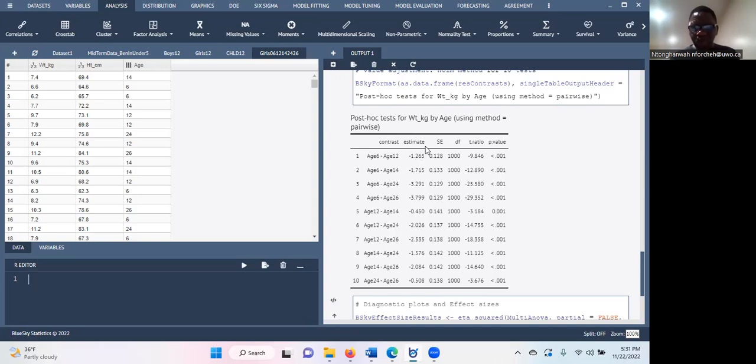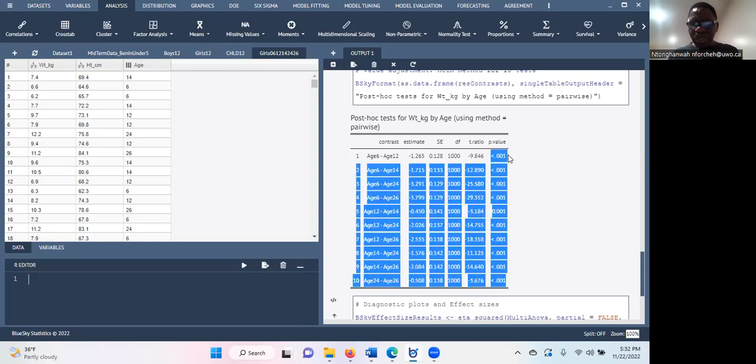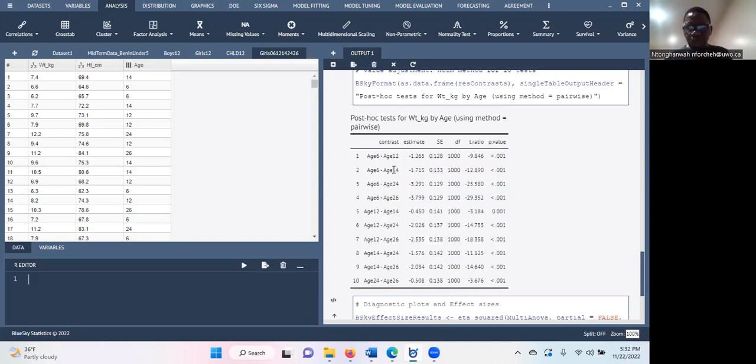That means 6 months old children are on average 1.265 kilograms lighter than 12 months old children. Although the difference is only about 1.2 kilograms, the standard error is very small, and therefore that difference is highly significant.